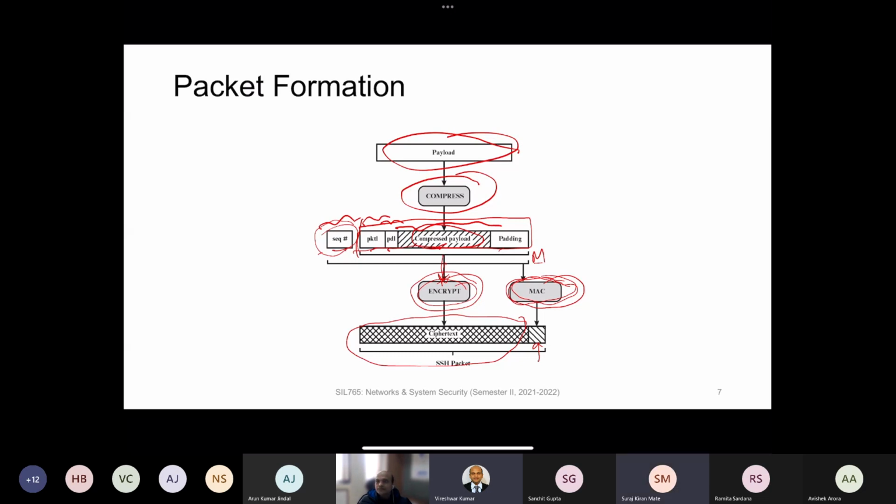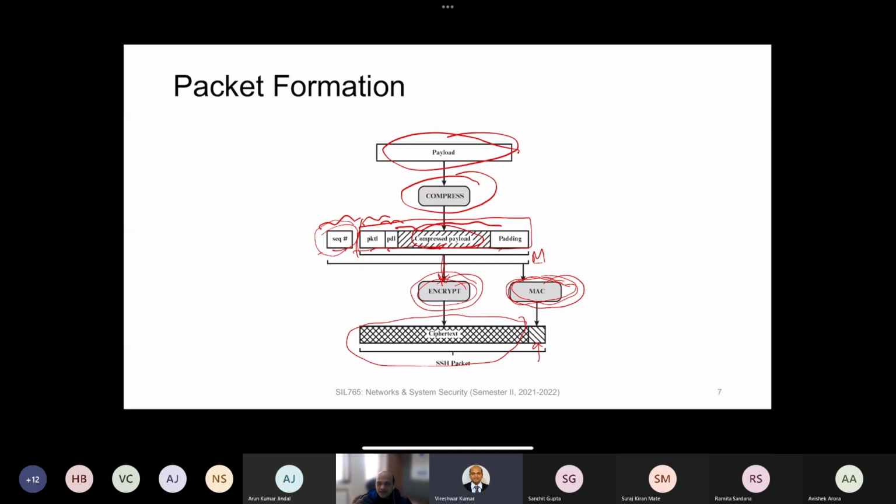Sir, from the diagram, on the receiver side, the receiver can't authenticate the ciphertext directly. Means he will first have to decrypt the ciphertext, and then he can check the authentication. Yes, that is correct. When you have the encrypt-and-MAC approach, you decrypt, and then you have the associated data, which was not encrypted.